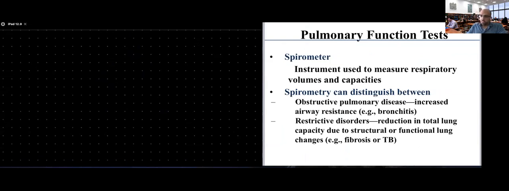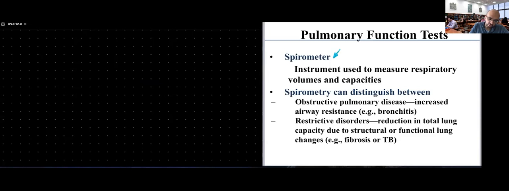All right, so we're looking here at a very important topic, which is really important for us for the upcoming lab exam, which is the pulmonary function tests. So pulmonary function tests are going to be conducted by using a machine.